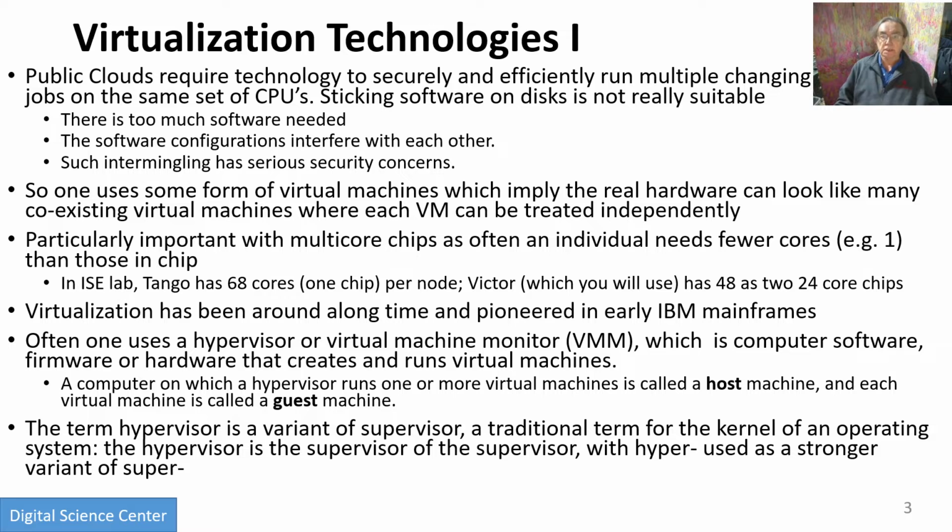All right, here's our introduction to virtualization technology. We've sort of explained why we need it. We have to run lots of jobs on the same cluster and on the same node of the cluster because we want to share at the core level. And you really can't use the traditional approach of sticking software in /bin and /lib.